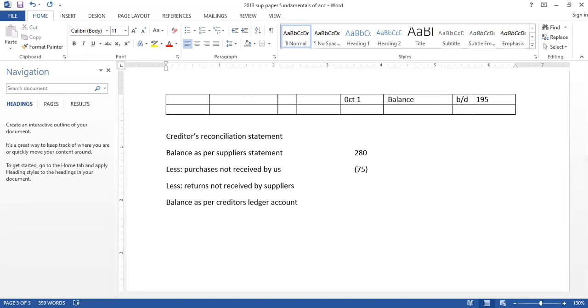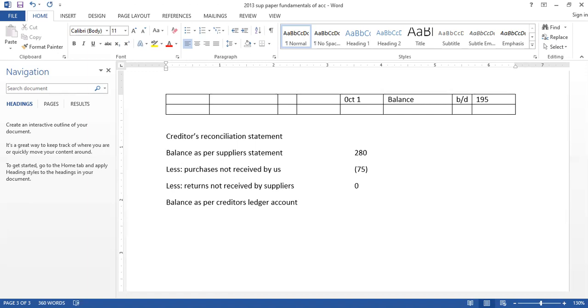And then you less returns not received by suppliers. Now we check if there were any returns not received by suppliers, but in this case it was actually 0.